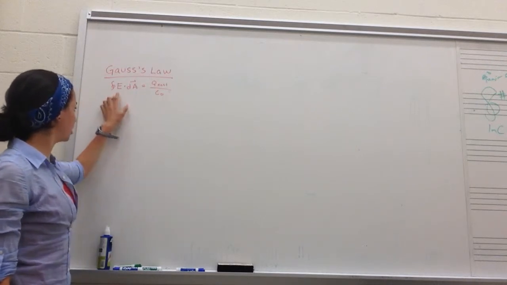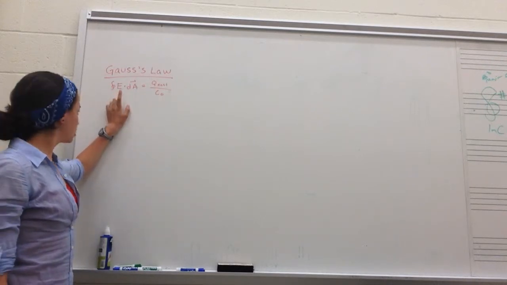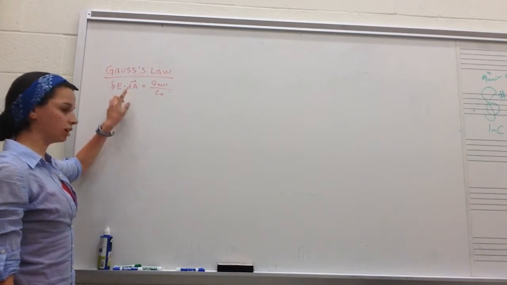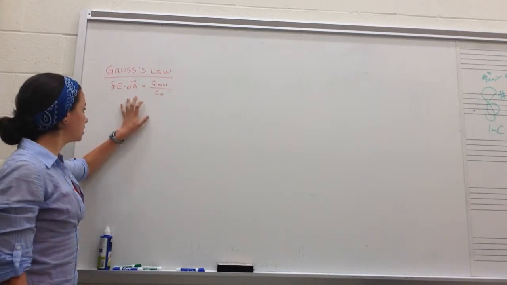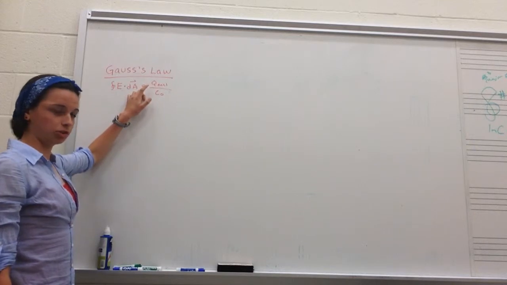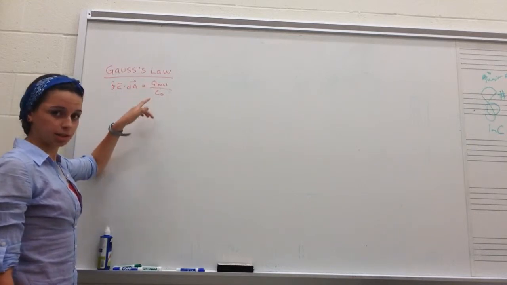So you have the electric field times the dA vector, which we'll talk about in a minute when we do an example, equals the total enclosed charge over epsilon naught, and epsilon naught is just a constant.